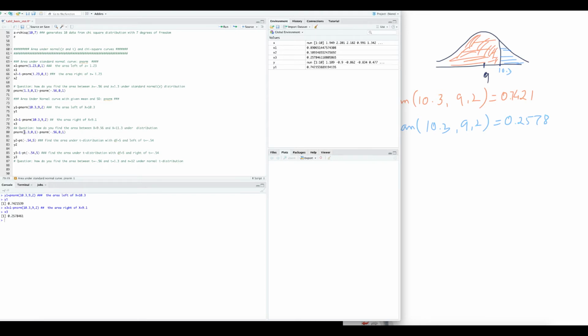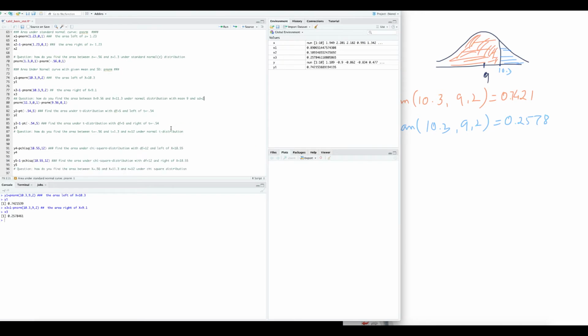So 11.3 and then 9.56. Let's find out the area between these two under the normal distribution with mean 9 and standard deviation 2.